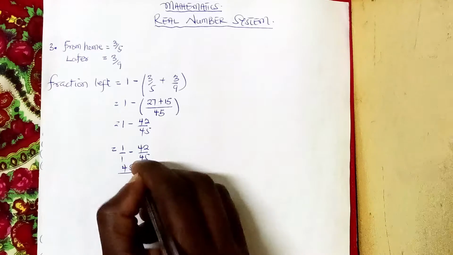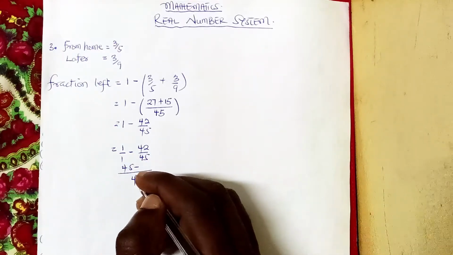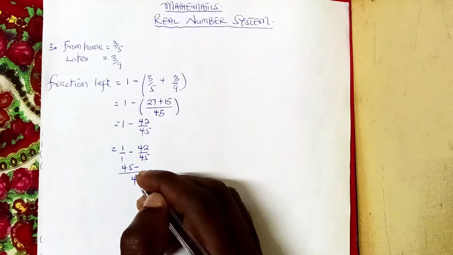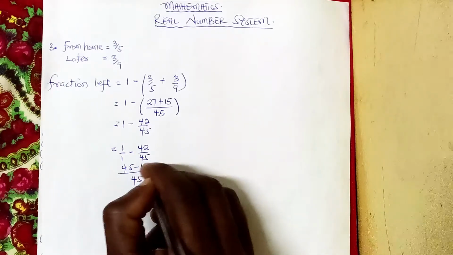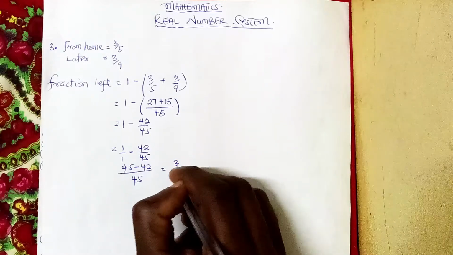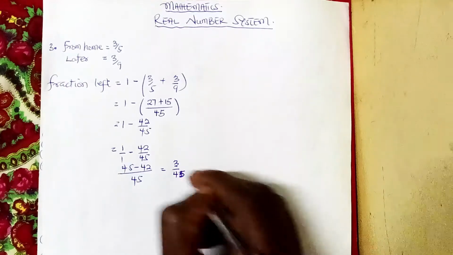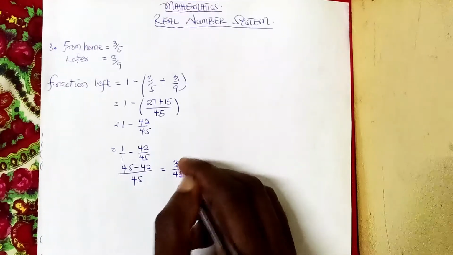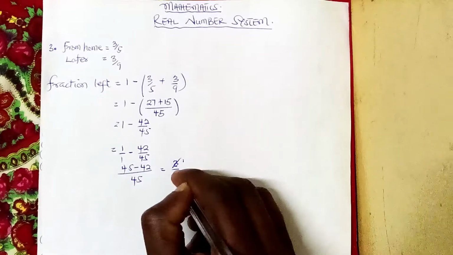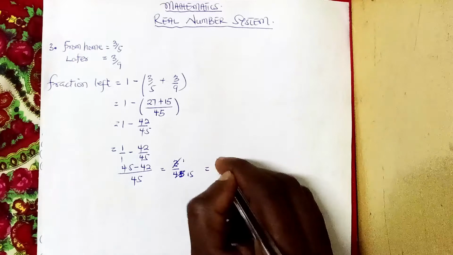So 45 minus 42 is 3. So we have our answer to be 3 on 45. Whereas we can cancel 3 into itself 1 and into 45 15 times. So our final answer here is 1 on 15.